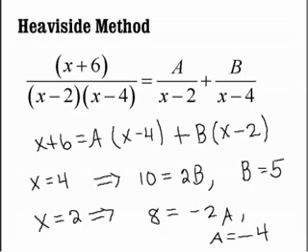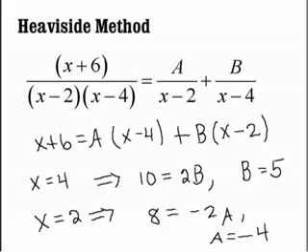But notice something. When x is equal to 2 and when x is equal to 4, the original expression is undefined. In fact, x equals 2 and x equals 4 are asymptotes for this function. So the function itself is originally undefined at these values. How can we substitute them in order to get the values of a and b?